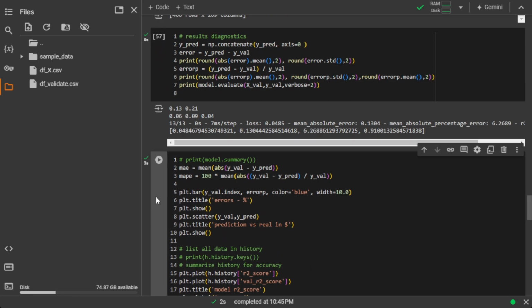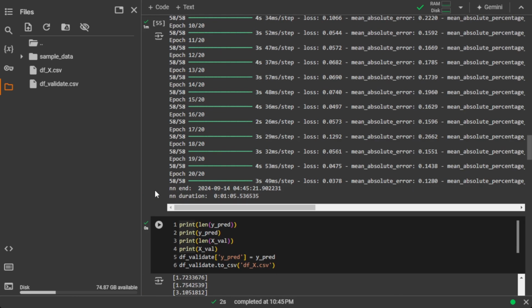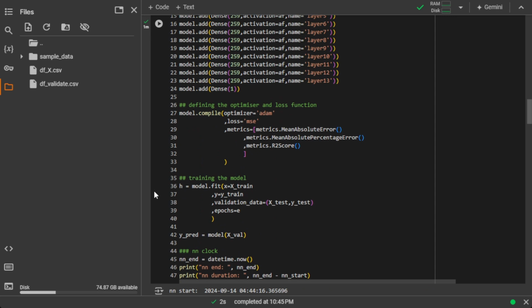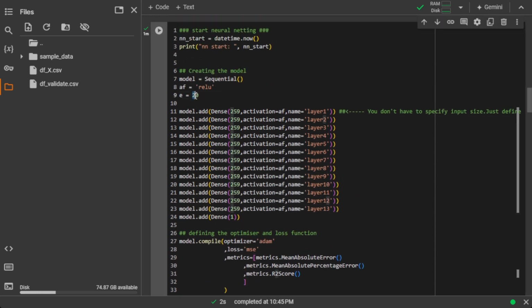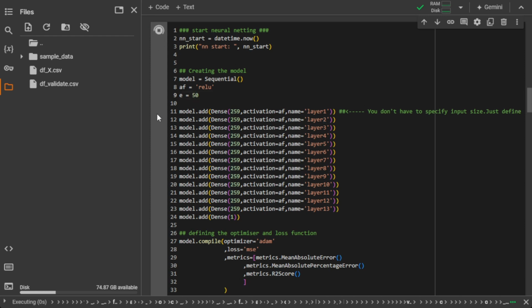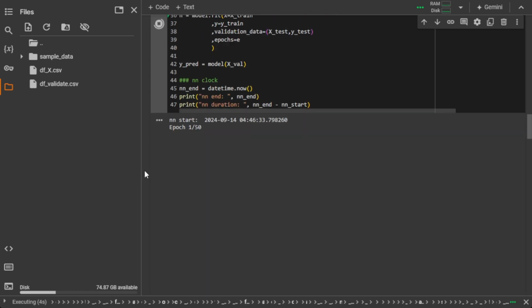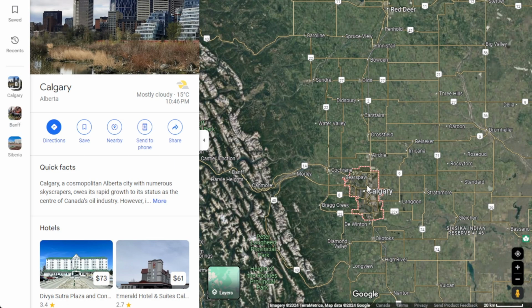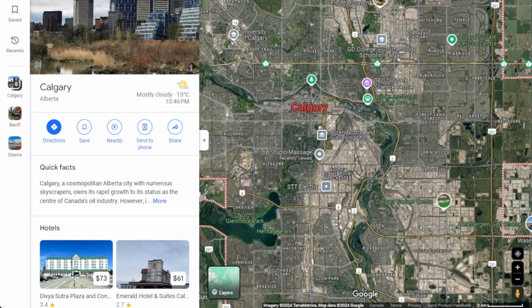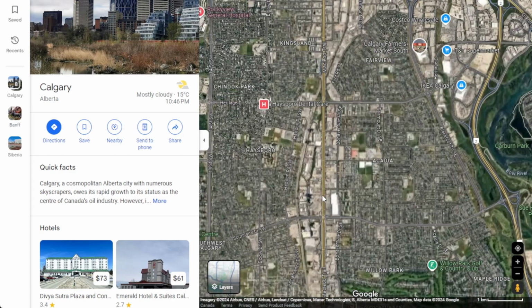So now that we're on that topic, let's see what it's like when we add more epochs. Let's go from 20 to 50. In the meantime, let's look at some more rental properties.